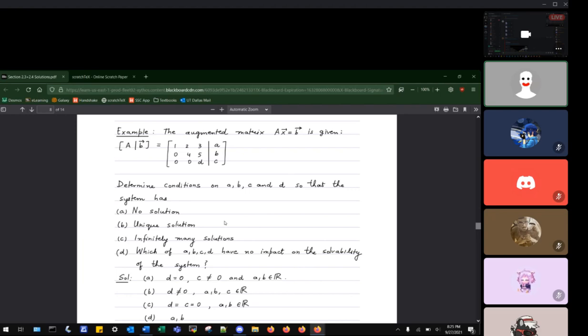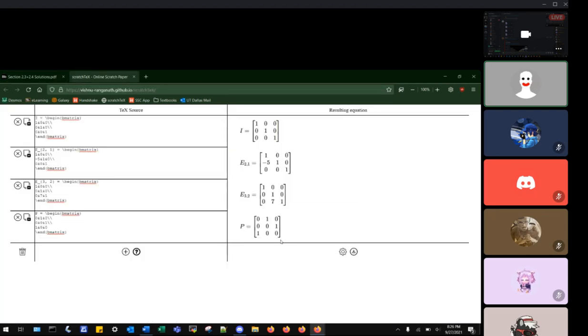So for example, if you want to perform the operation R3 plus 7 R2 on this matrix, you'd take this matrix and multiply it with this matrix, but this one would be on the left because this is the second operation.